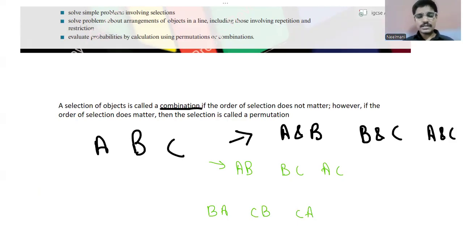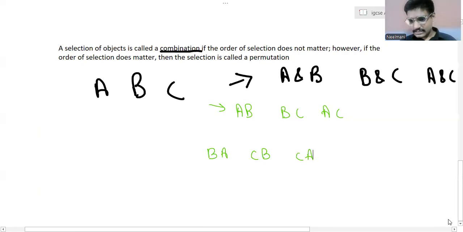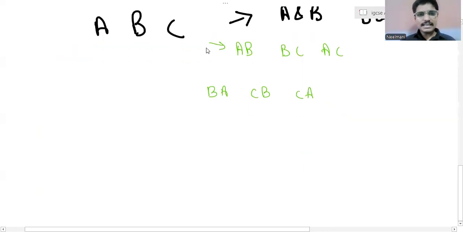On most calculators, you may find an exclamation mark type thing. Just see this: what is 4 factorial? If I write 4 factorial, it basically means 4 into 3 into 2 into 1. Is this clear till here?